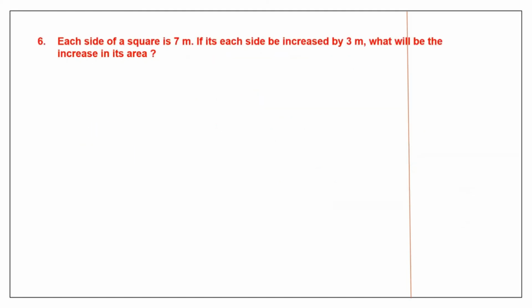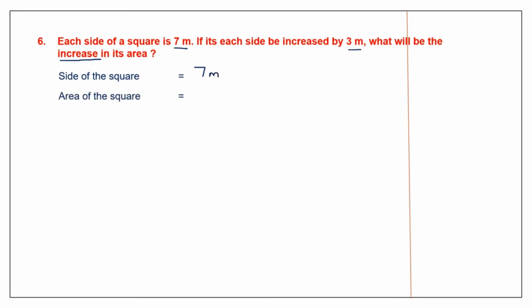Question 6. Each side of a square is 7 meters. Now if each side is increased by 3 meters, what will be the increase in its area? So we have to first find the area using 7 meters and then the area using the increased side. So let's begin. Side of the square is 7 meters.